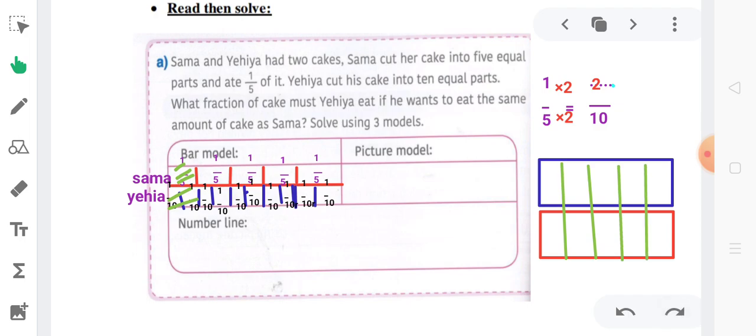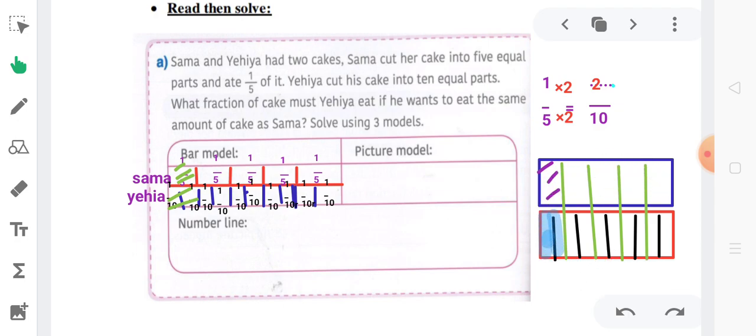For example, this is for Sama and this is for Yahya. Make fifths. Each one is a fifth. I'm going to divide each one into 2 equal parts, so it becomes tenths. So this is tenths. We made a picture model.